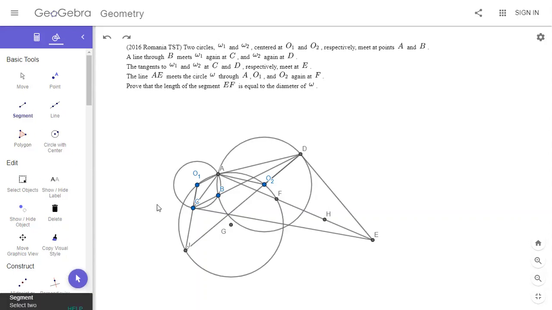So let's say we knew that F, G, and J were collinear. Does that solve the problem?